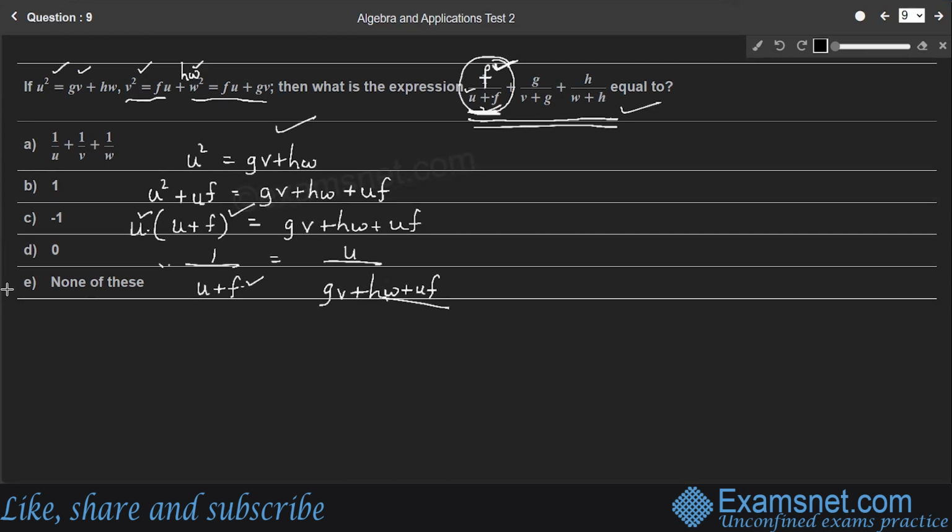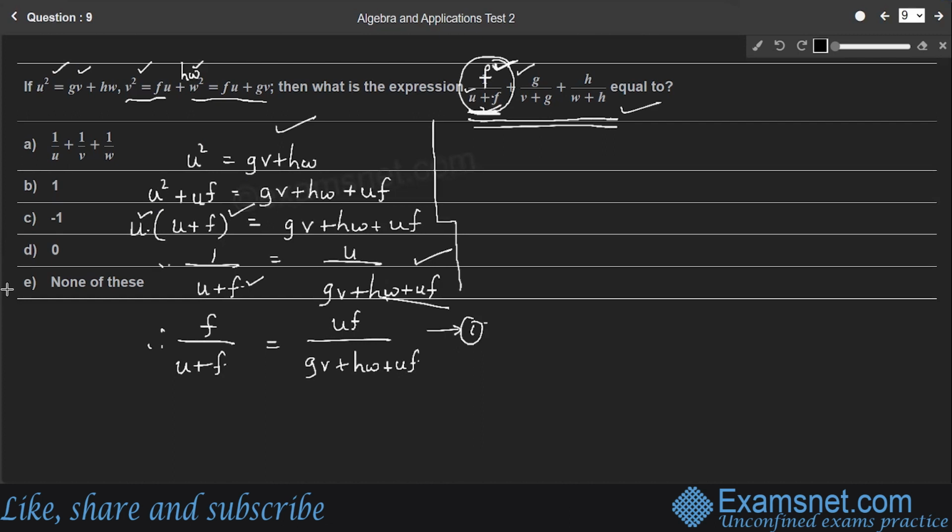We are just interchanging LHS and RHS here. So 1 by u plus f is this much. Therefore, f by u plus f, just multiply both LHS and RHS by f, is equal to uf by gv plus hw plus uf. Consider this as equation 1.